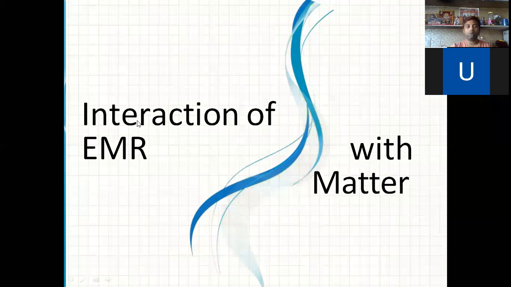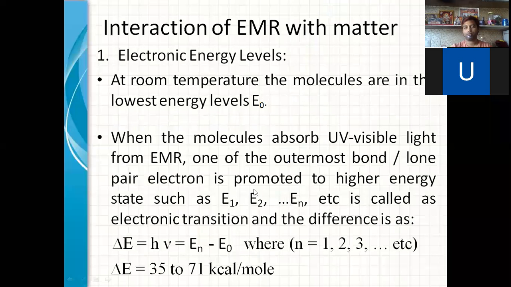Now, the interaction of electromagnetic radiation with matter: what kind of interaction does it have? Electronic energy levels. At room temperature, the molecules are in the lowest energy level, E naught.